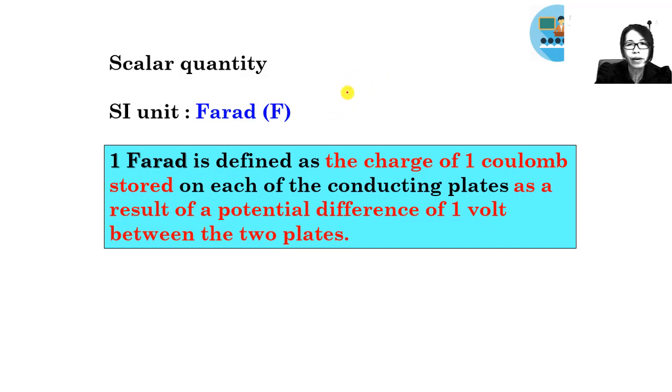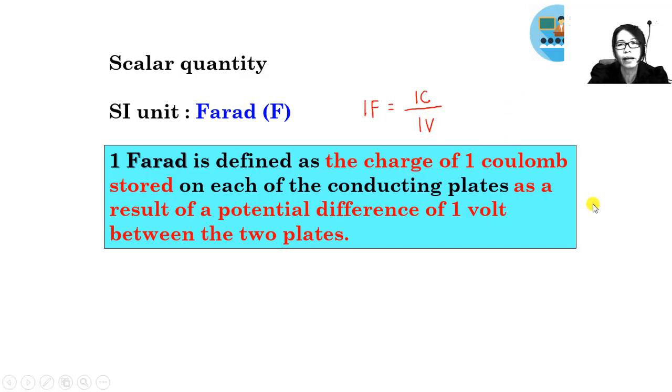So, 1 farad is defined as the charge of 1 coulomb stored on each of the conducting plates as a result of a potential difference of 1 volt between the 2 plates.